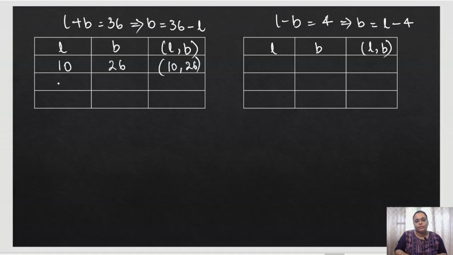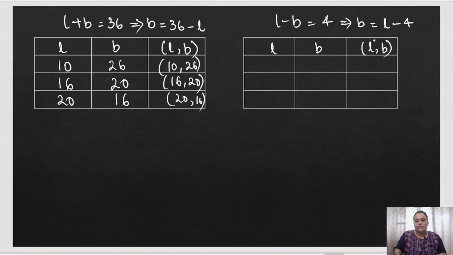Let us take L is equal to 16. 36 minus 16 is 20. So this will be 16 and 20. If you take L is equal to 20, 36 minus 20 is 16. So the points are 20 and 16.